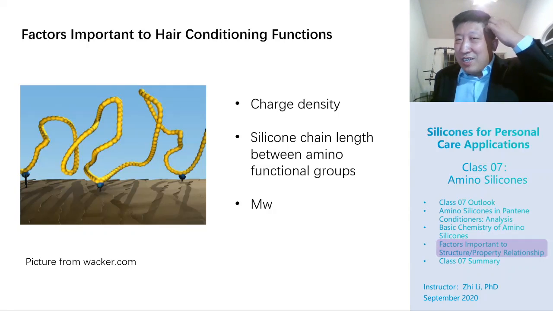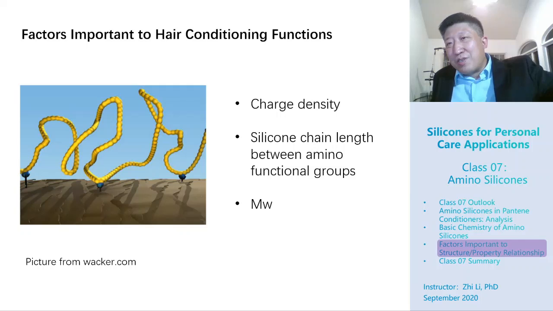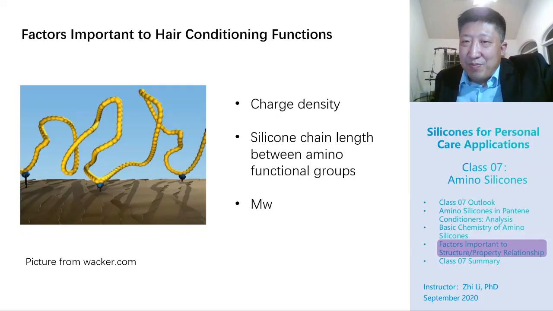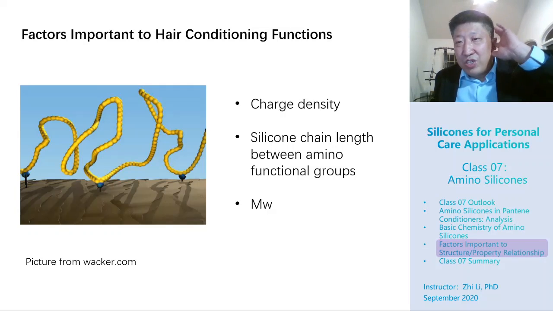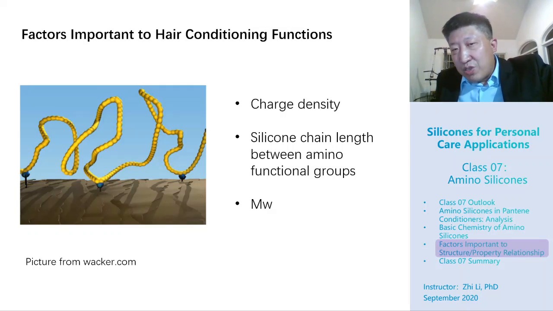But one thing here is it seems everyone is aligned that charge density is important, because it affects the degree of freedom of a polymer chain, of a silicone chain, on the hair surface. The more charge density, the more amino anchoring on the silicone polymers, and that means you have less mobile silicone chain.